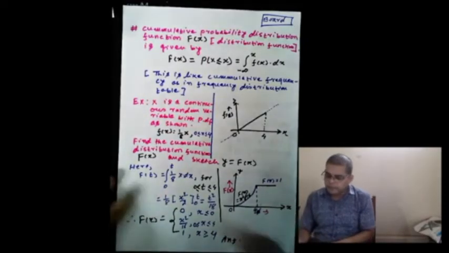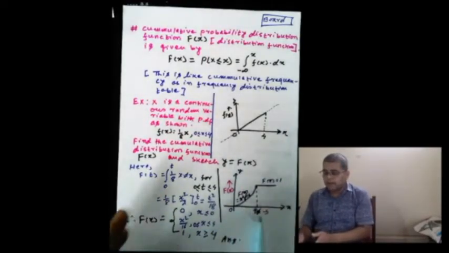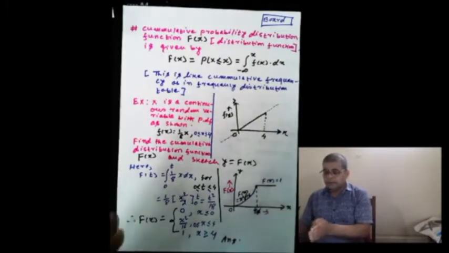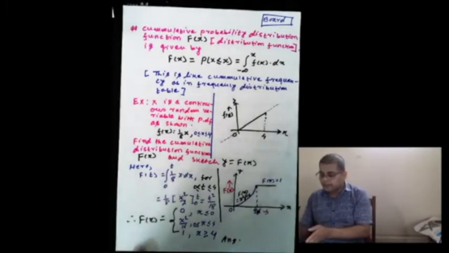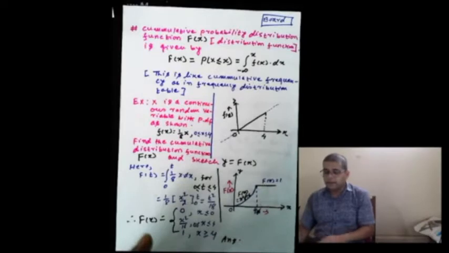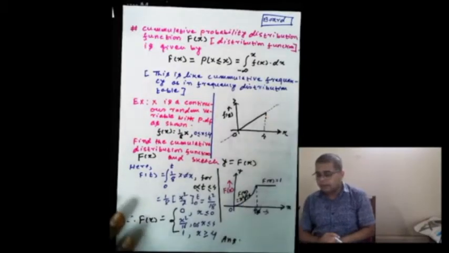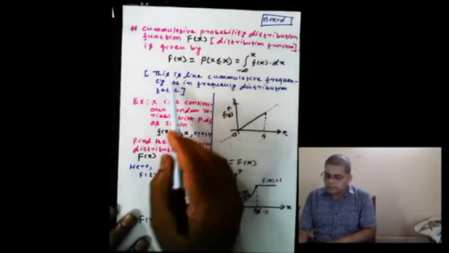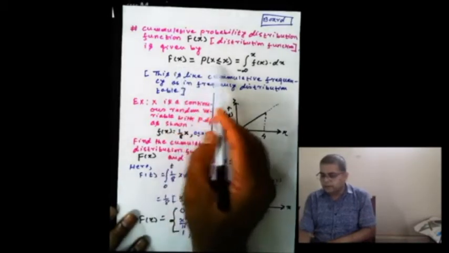So cumulative means you keep on adding probability within the defined range of values of x. You can see here Fx equals P, x is less than or equal to x.